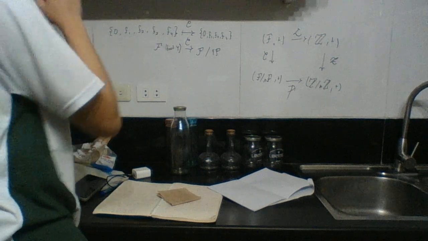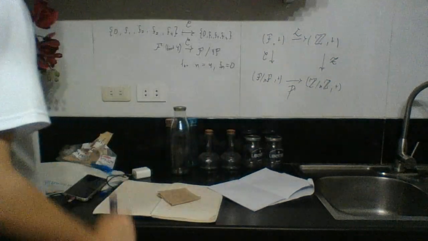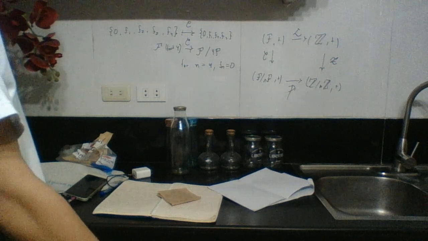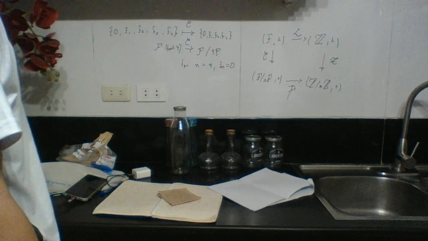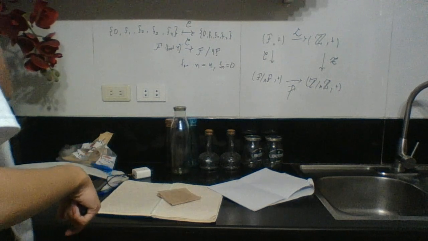And we just say that for n equals 4, Fn equals 0, or some multiple of 4, right? Now the fourth femboy is 0, right?